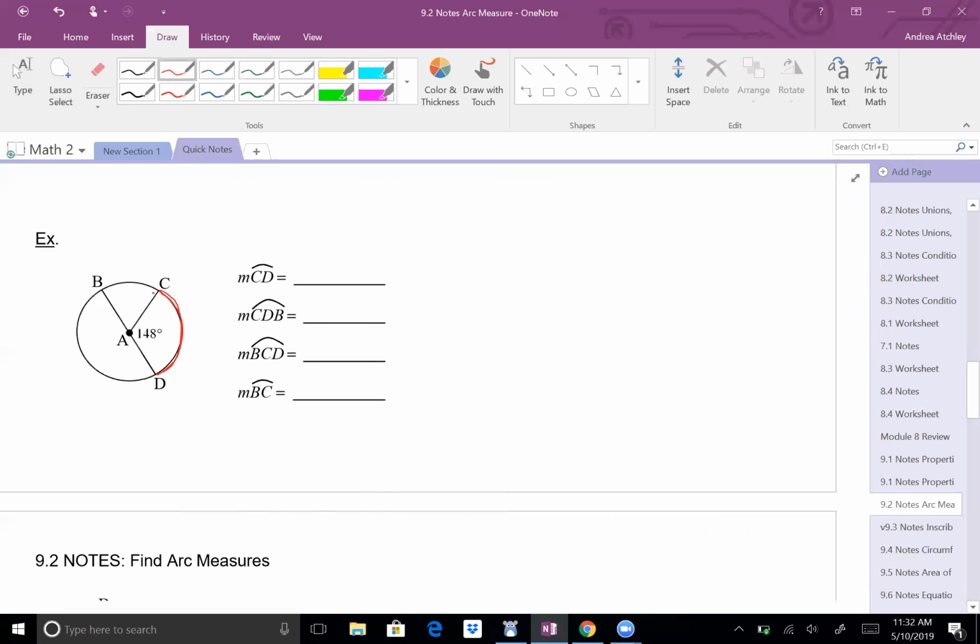Brianna, what do you think it measures? 148. The central angle is 148 degrees, so it is 148 degrees. Okay, the next one would be CDB.